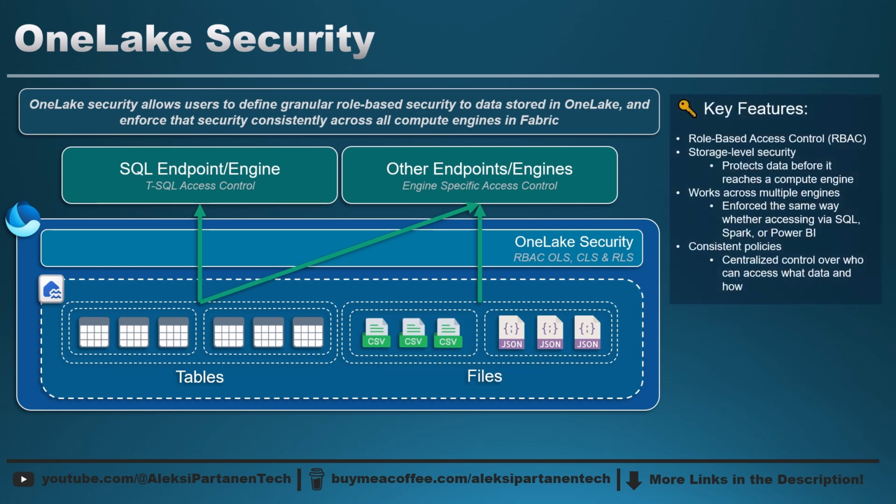And this is going to make access control so much more straightforward. OneLake Security uses role-based access control, or RBAC, so you can manage access using roles. It works across multiple engines, which means security stays consistent no matter how data is accessed. And it gives you centralized control over who can access what and how. Now keep in mind that when I'm recording this video, OneLake Security is still in preview.